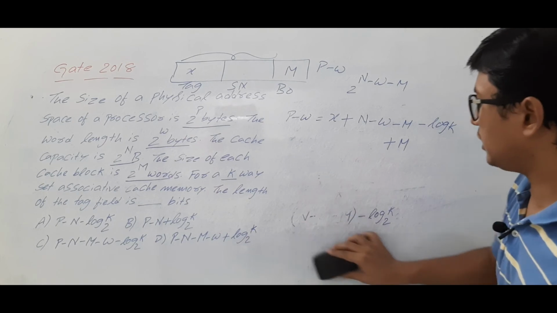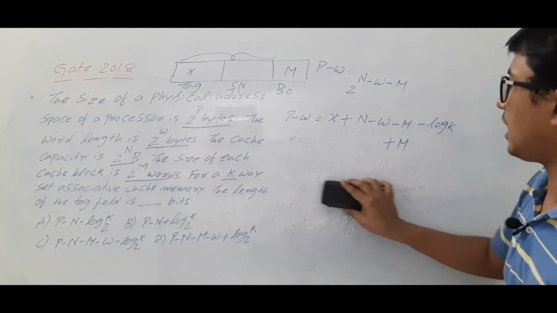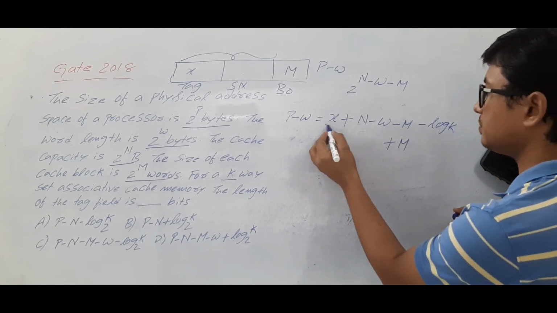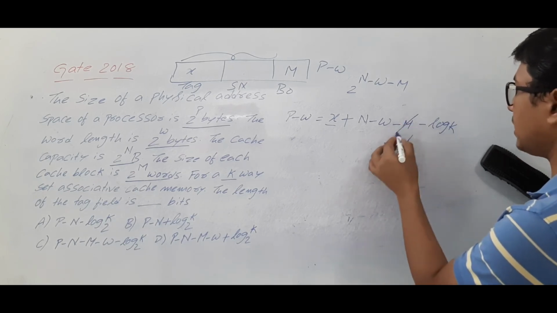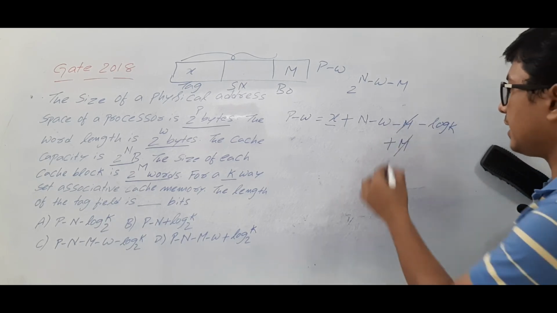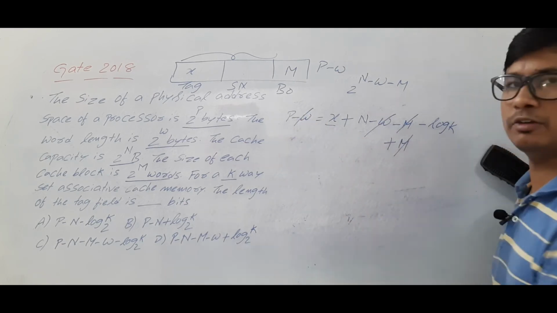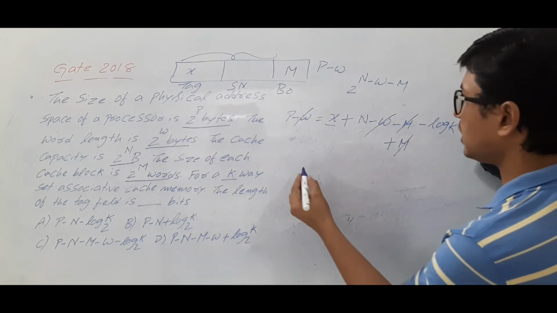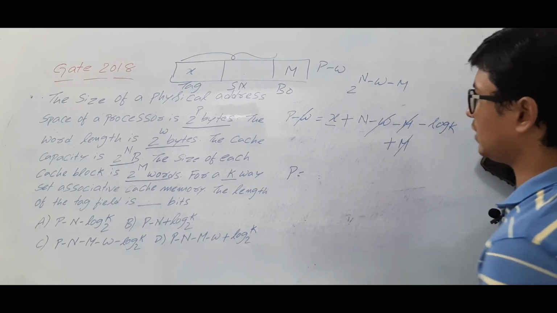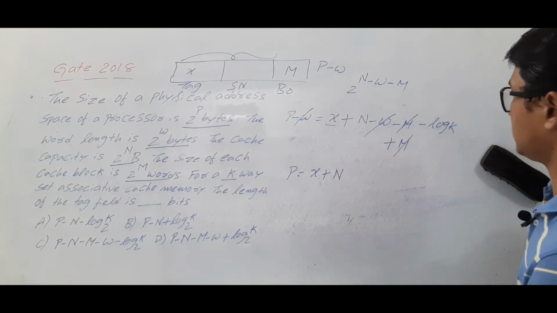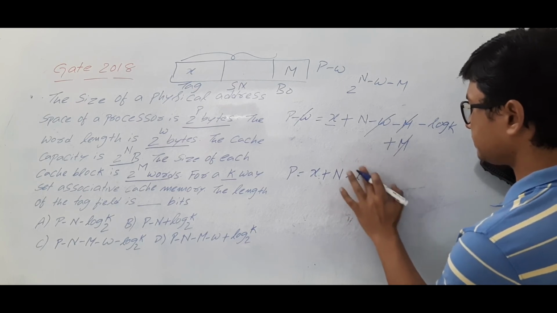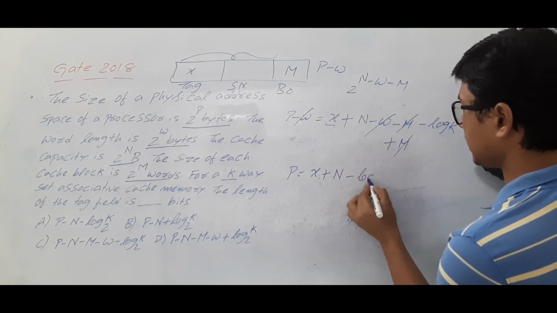So now what do I need to calculate? I need to calculate this x value. Now I need to simplify this equation. Plus m and minus m will cancel, and minus w will cancel. So what you will have is p equal to x plus n minus log k. Are you able to understand?